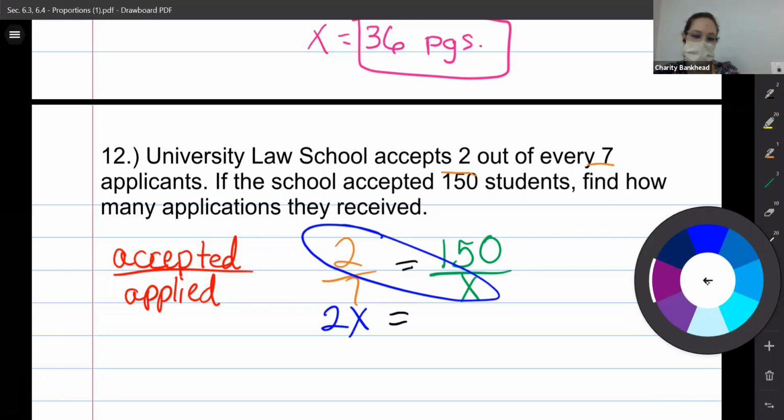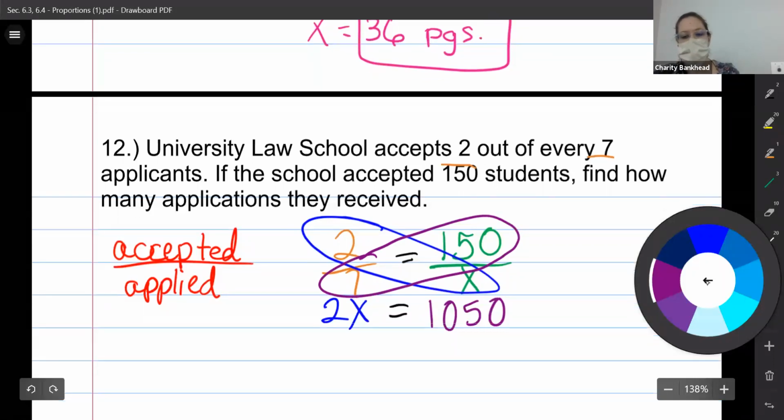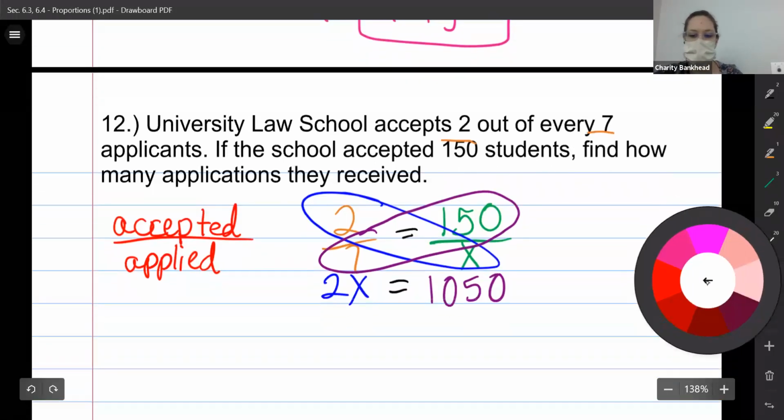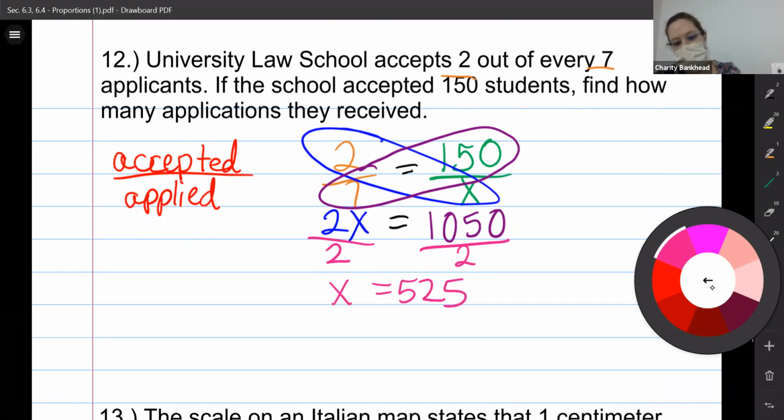So 7 times 100 is 700, and 7 times 50 would be 350. So 700 plus 350 would equal 1050. So 2x equals 1050. And then divide both sides by 2. So that'd be 525. 525 applications.